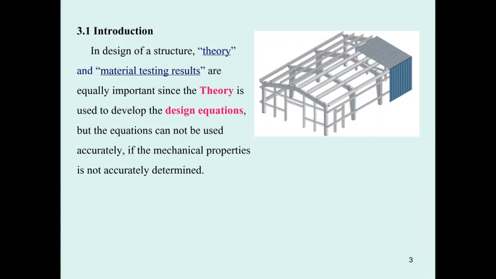For example, if you do the tension test of reinforcing steel, the results should have the normal stress and normal strain, and the mechanical properties you are supposed to report are the modulus of elasticity, the yielding stress, the ultimate stress, and the percent elongation.